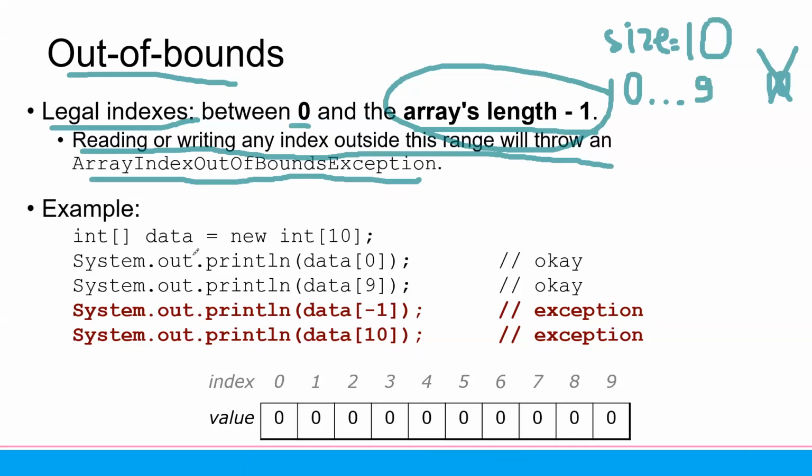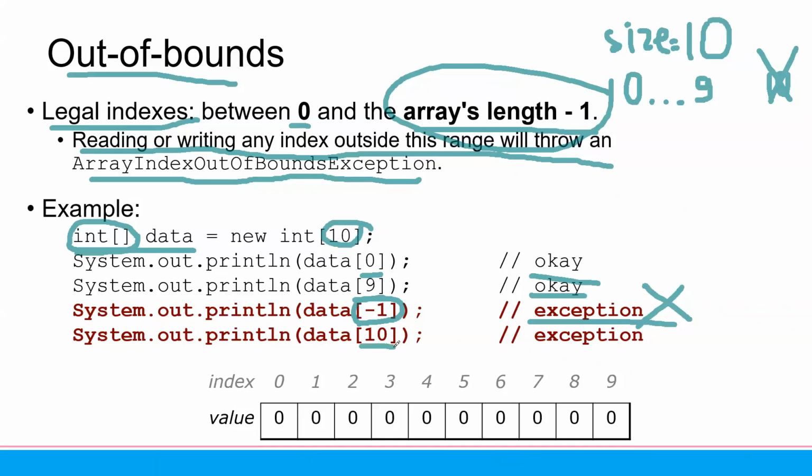So for example, if I have data and I want to use an integer array and the size is 10. If I ask the index 0, then it is the first element, it is okay. If I ask the index 9, it is still okay. But if I ask the index minus 1, then it is not okay, or errors. So the index should start from 0.